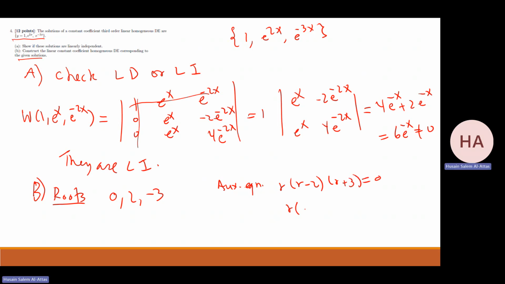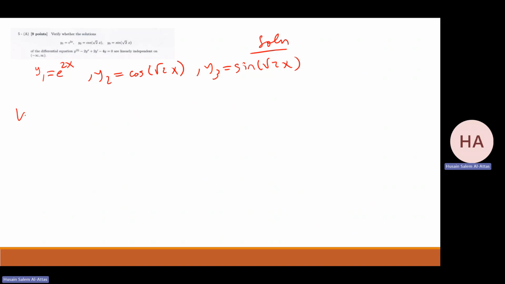In other words, this is r squared plus r minus 6 equals 0. So it will be r cubed plus r squared minus 6r equals 0. Differential equation: third derivative, plus second derivative, minus 6 times first derivative equals 0.